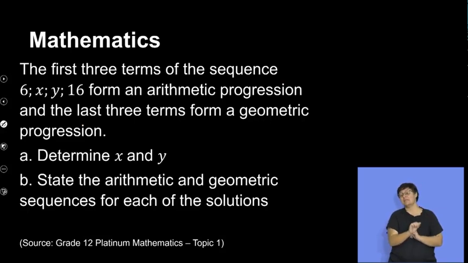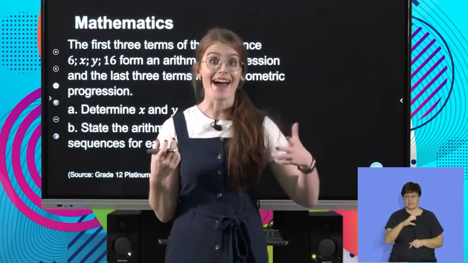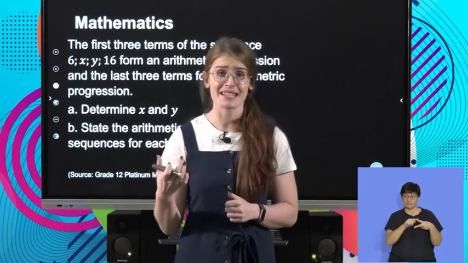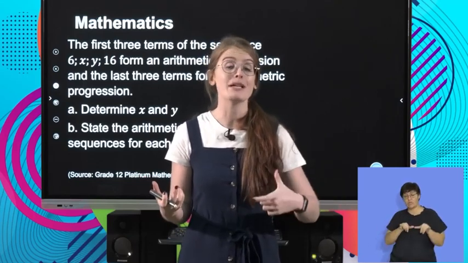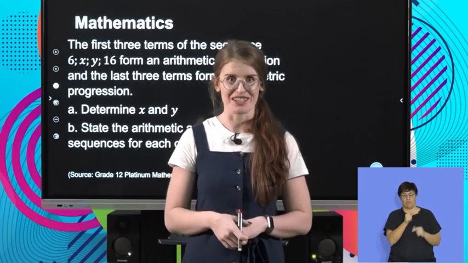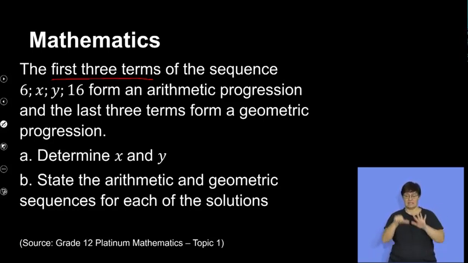The next example is going to require your knowledge of arithmetic sequences as well as geometric sequences. Remind yourself that an arithmetic sequence has a common difference and a geometric sequence has a common ratio. We're going to use both of these pieces of information to solve this question. Let's have a look at the question together. The first 3 terms of the sequence 6, x, y, 16 form an arithmetic progression, and the last 3 terms form a geometric progression.